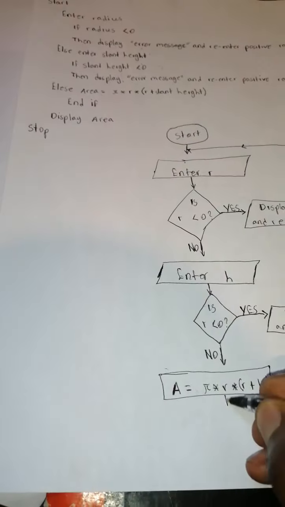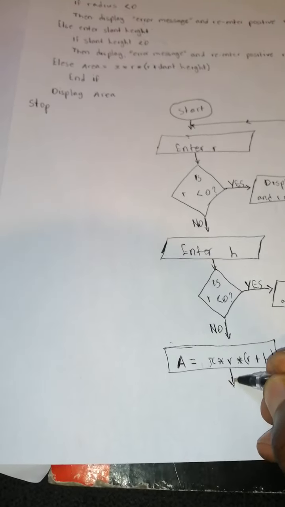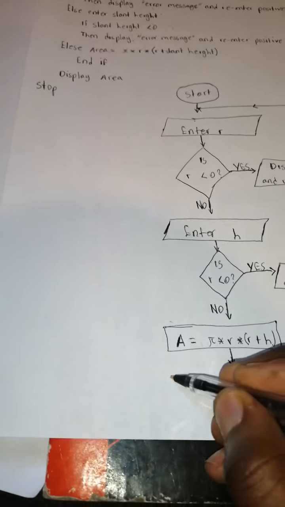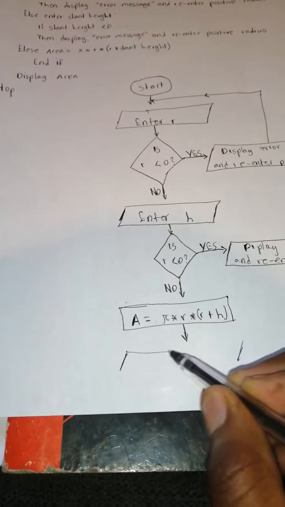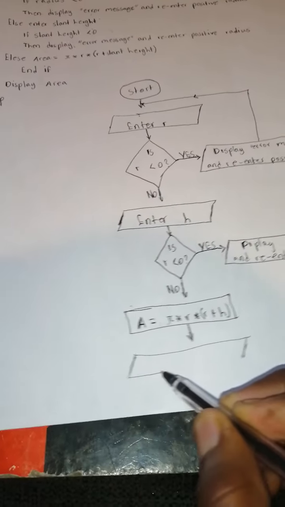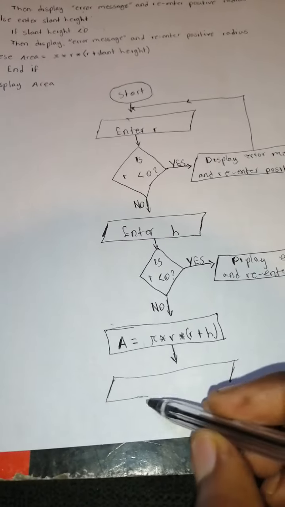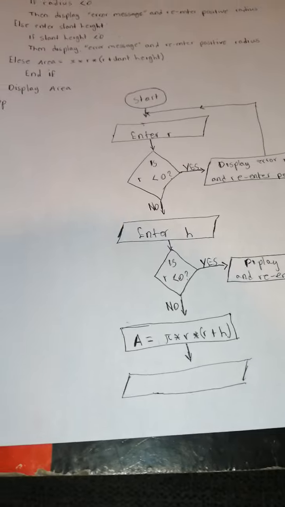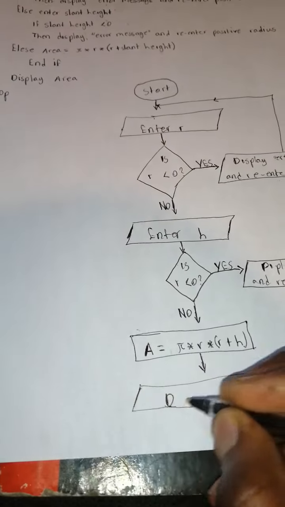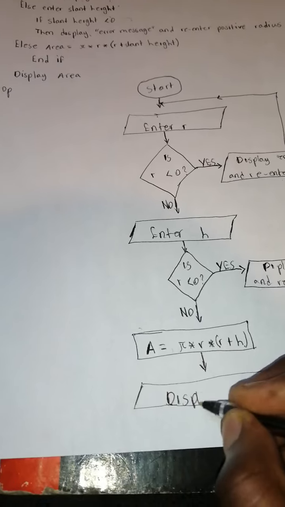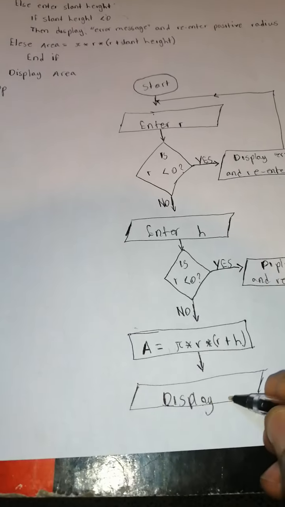After writing that, we have end if display area. So display, remember display, we have to draw a parallelogram again. We're going to draw a parallelogram like that, and here you're going to write display area.